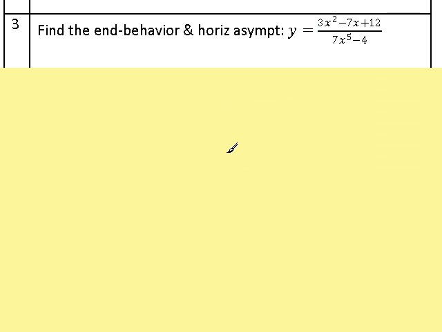Okay, once again, end behavior and horizontal asymptote. So as x goes to infinity, we're looking at 3x squared divided by 7x to the 5th, and we're going to see where that goes. Let's reduce this, and we have 3 over 7x cubed. Now, the denominator is going to infinity, so the quotient is going to 0.